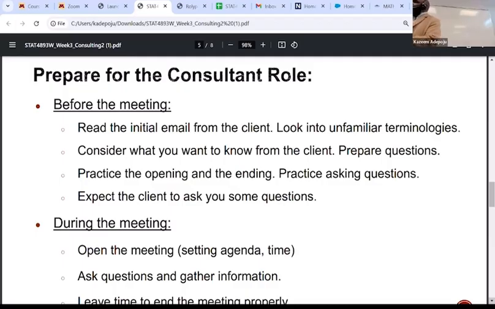It is advisable that before the meeting, you write down the questions you want to ask ahead of the meeting. Now practice the opening and the ending. Practice asking questions. You practice that yourself.